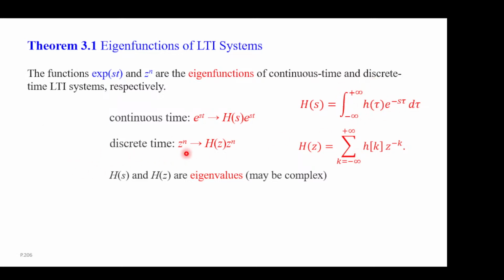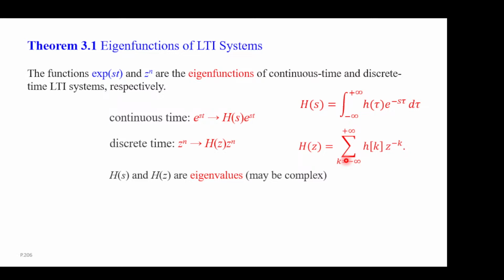And similarly for discrete time. Discrete time is a bit funnier because instead of e to the sn, we want to write z to the n, but it doesn't matter too much. z is just e to the something, e to the j something, and similarly we get some eigenvalue H of z, and we can calculate H of z in this way.